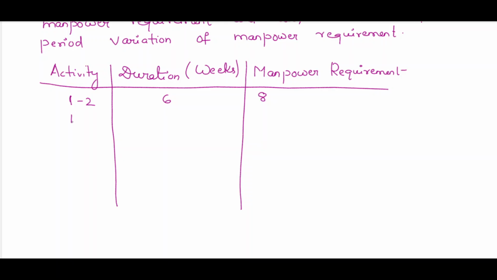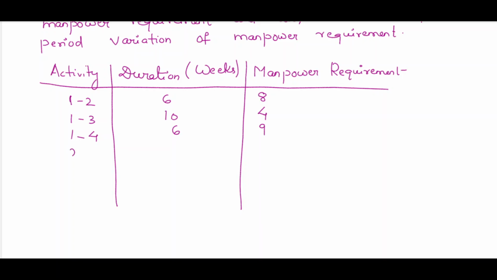Then for activity 1 3 it is 10 weeks and 4 people. Then 1 4: 6 weeks, 9 people.